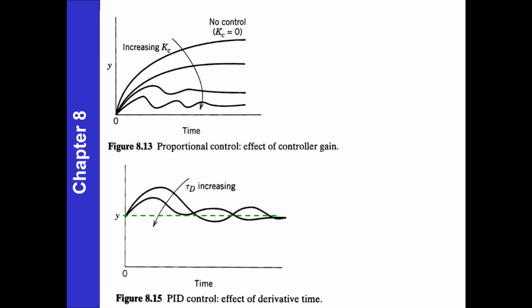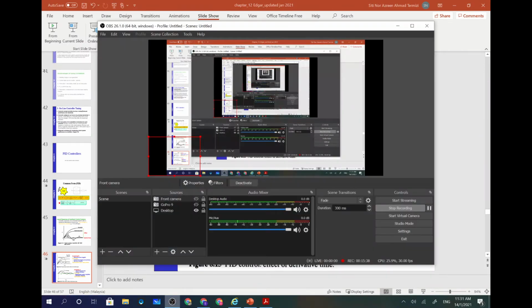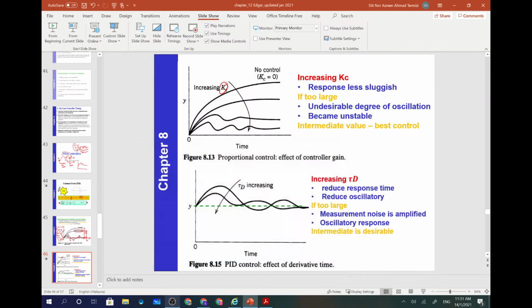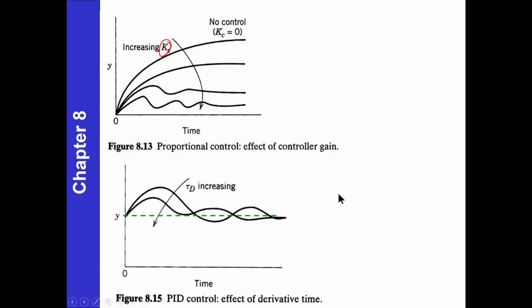This is the effect of KC, whereby when KC is increased from top to bottom, the error is reduced, right?